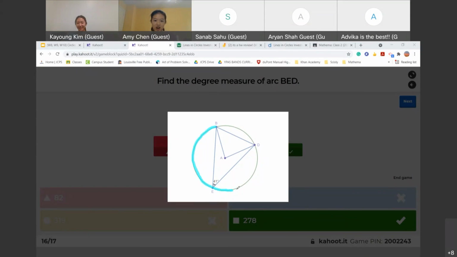If we say arc BD, it means the little arc that's less than 180 degrees. But if I say arc BED, it's the big arc. So once you got the answer for the small arc, you have to do 360 minus that. I may or may not have gotten that wrong.